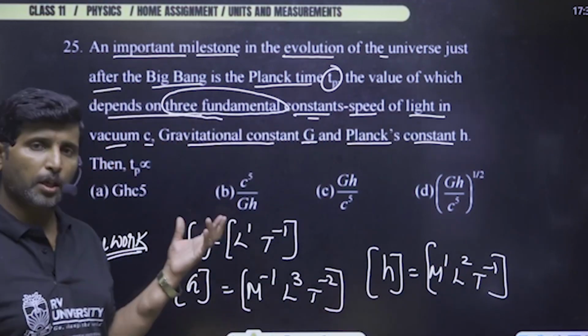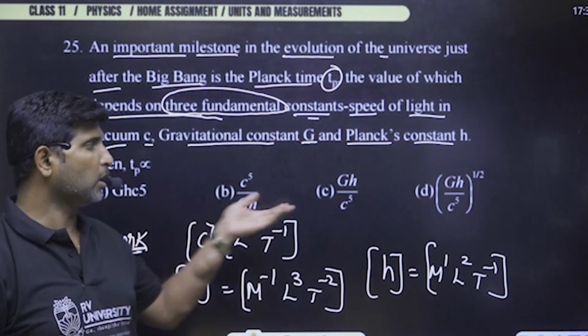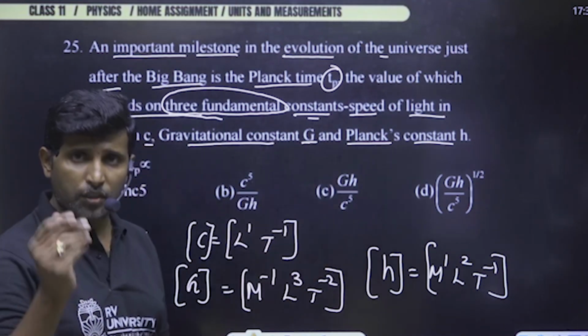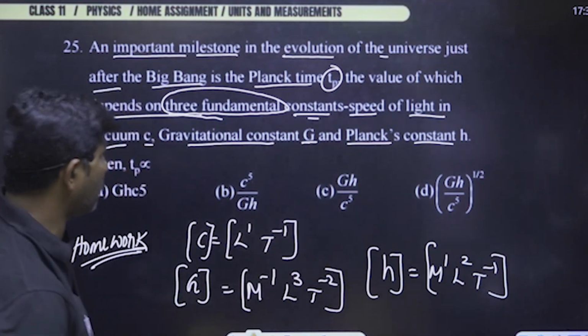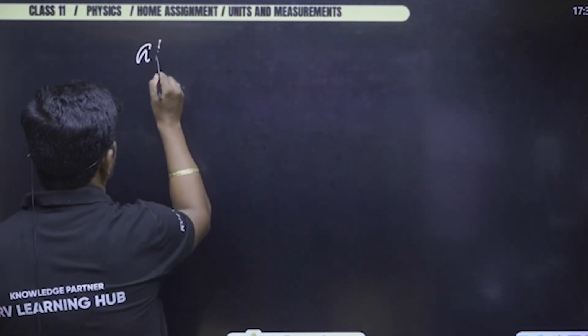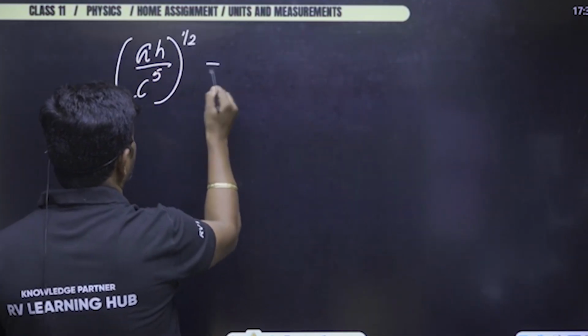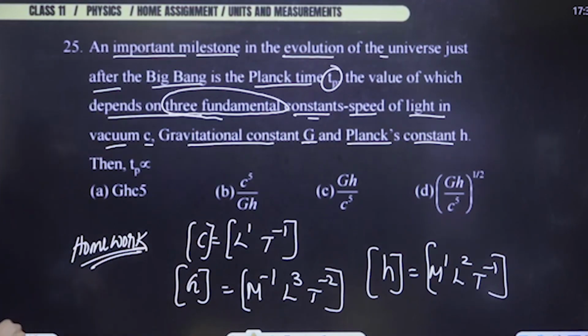So just substitute these values in all the options, and just go through it, you'll get the answer. For example, if you substitute that value, that is G into h divided by c to the power of 5, whole to the power of 1 by 2, you will get the answer, okay.